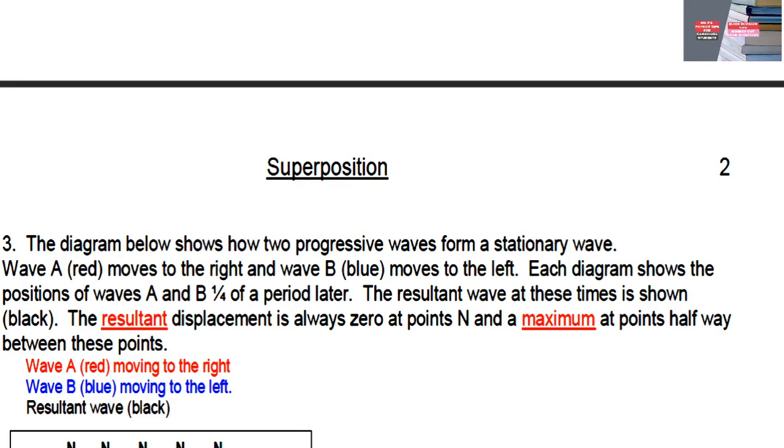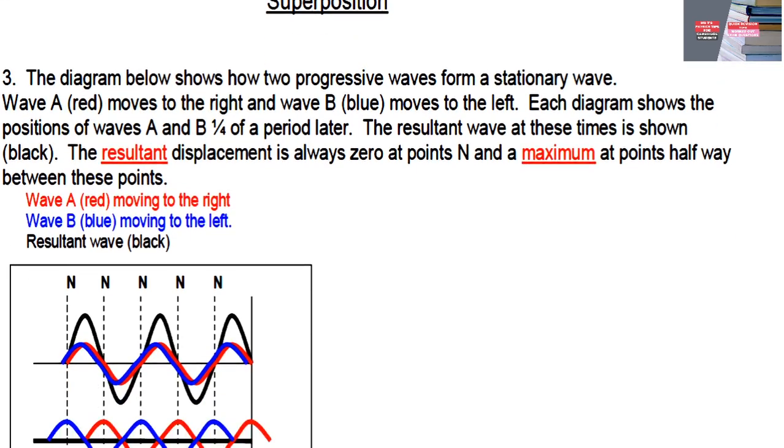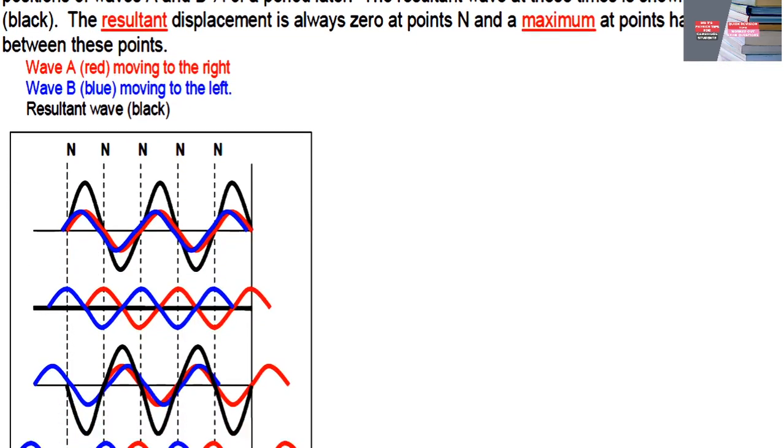The diagram below shows how two progressive waves form a stationary wave.